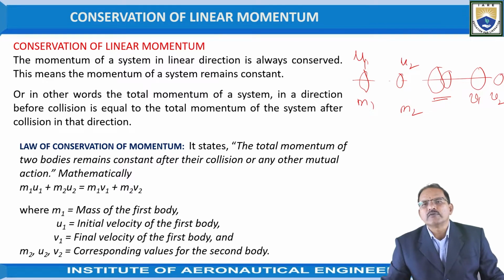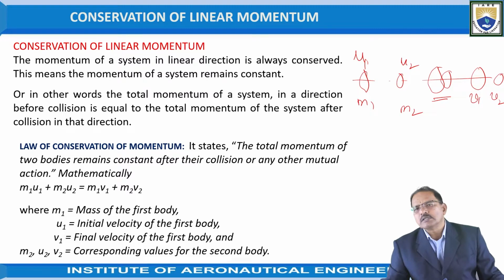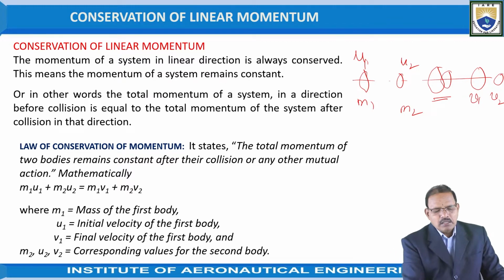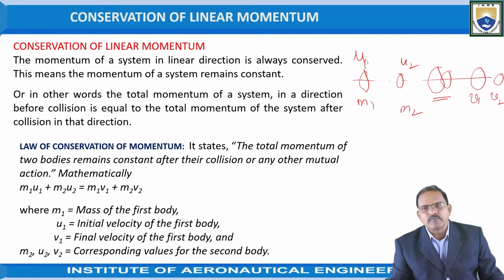Now, according to the law of conservation of momentum, if the external force involved in the collision process is equal to 0, the momentum possessed by the bodies before the collision should be equal to the momentum possessed by the bodies after the collision. That means M1 U1 plus M2 U2 represents the momentum before the collision, which should be equal to the momentum after the collision, M1 V1 plus M2 V2.